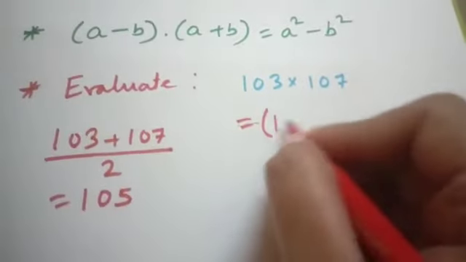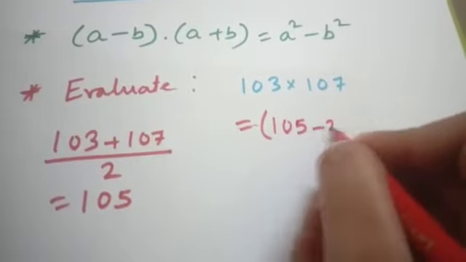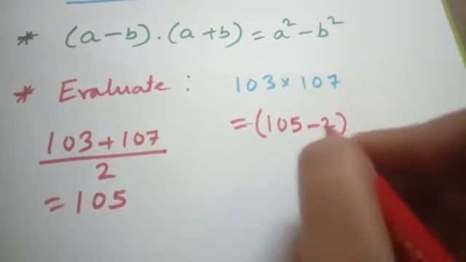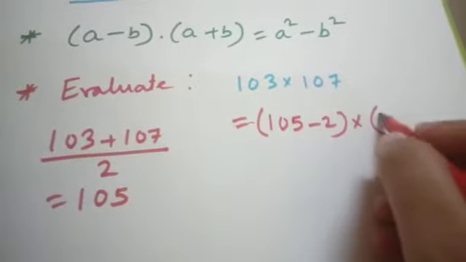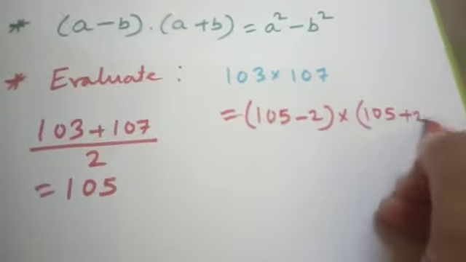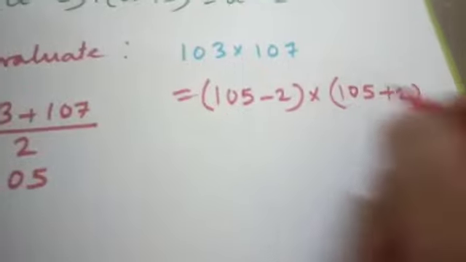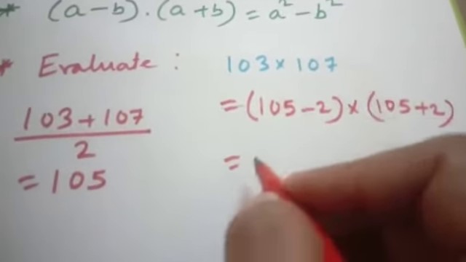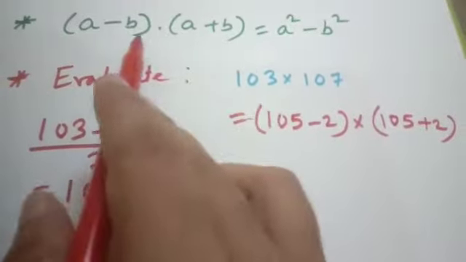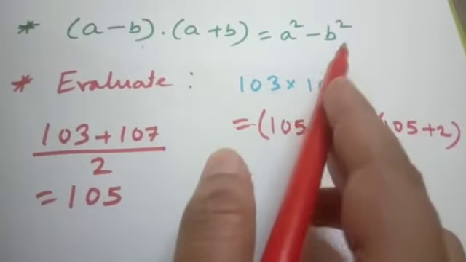So here we write 105 minus 2, because 105 minus 2 equals 103, into 105 plus 2, because 105 plus 2 equals 107, and we use the formula (a minus b) into (a plus b) equal to a square minus b square.